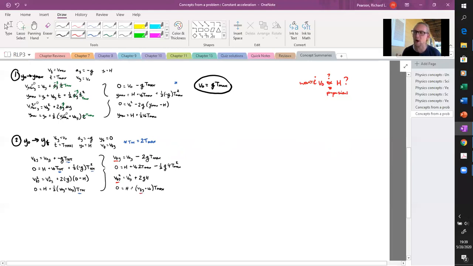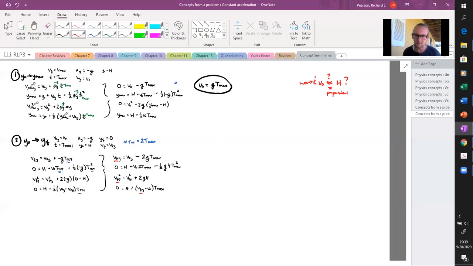What we're trying to do is, again, get our velocity in terms of h, but without anything else that we don't know. And be careful how to say that. We want to get velocity in terms of h with only things that we know, right?